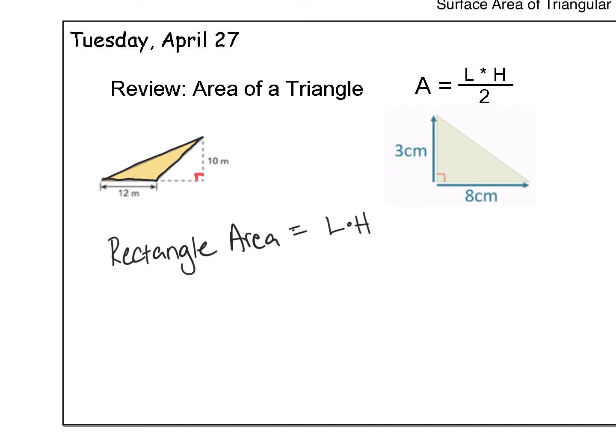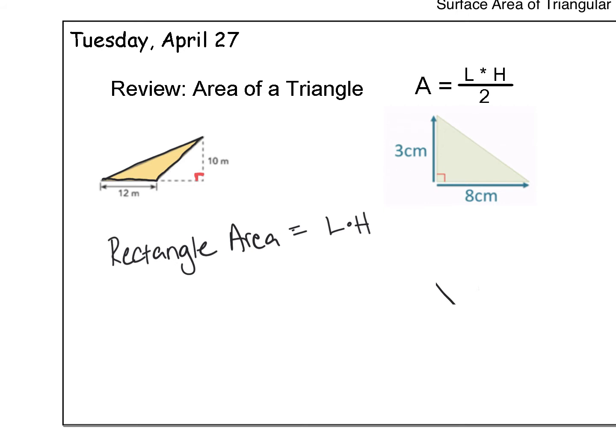And a triangle is half of that, because if I take any triangle, like let's take this green triangle up here at the top, I can draw a second triangle that looks exactly the same to make a rectangle. So that means that a triangle is finding the same measurements as a rectangle, but then cutting it in half, because the triangle is only half of the rectangle's area.